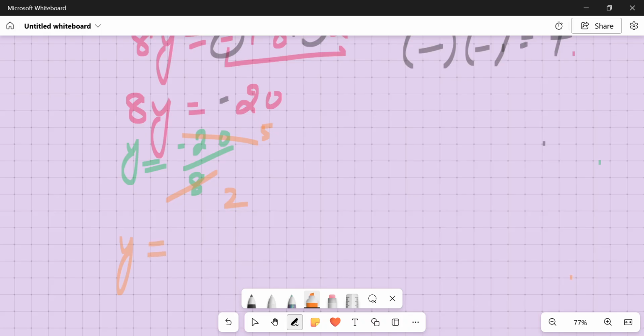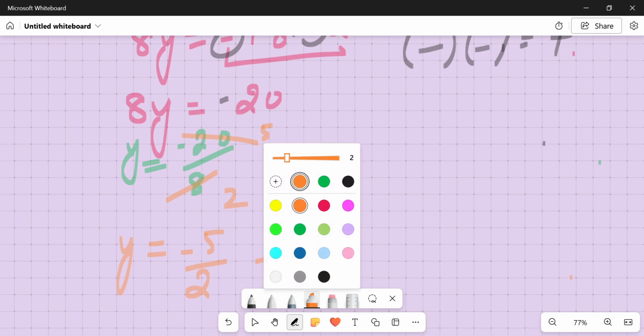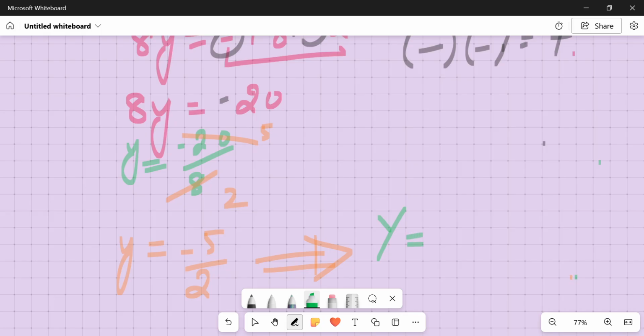So y equals minus 5 over 2. I want the answer in mixed number form, so y equals minus 2 whole 1 over 2. How? See, 2 will come outside, 5 inside. This is the rough work of this last question.